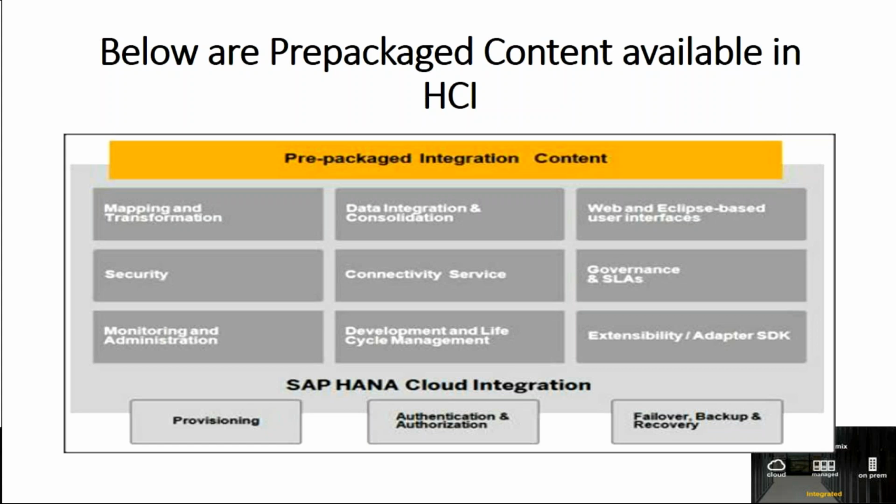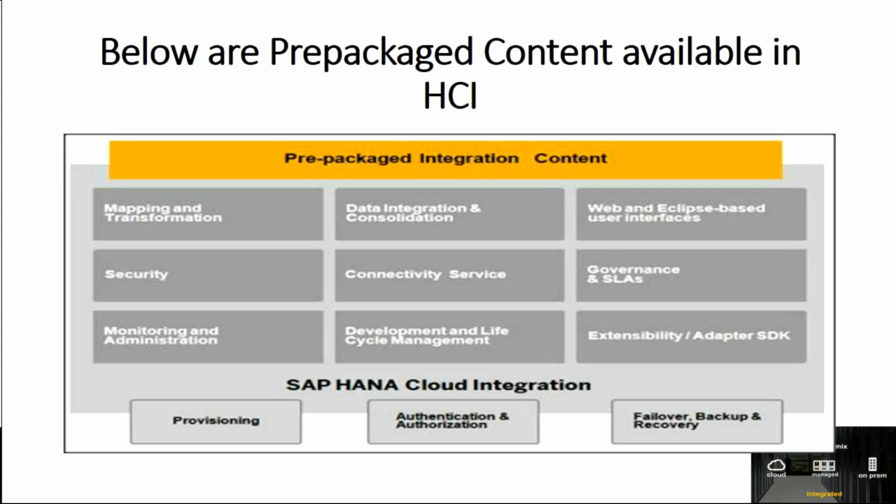Almost 11 adapters at the receiver and 9 adapters at the sender end. We will see those things. Okay. You have the governance and SLA, which means monitoring and SLA. You have monitoring and administration. You have the deployment life cycle management and extensibility adapter ADK.